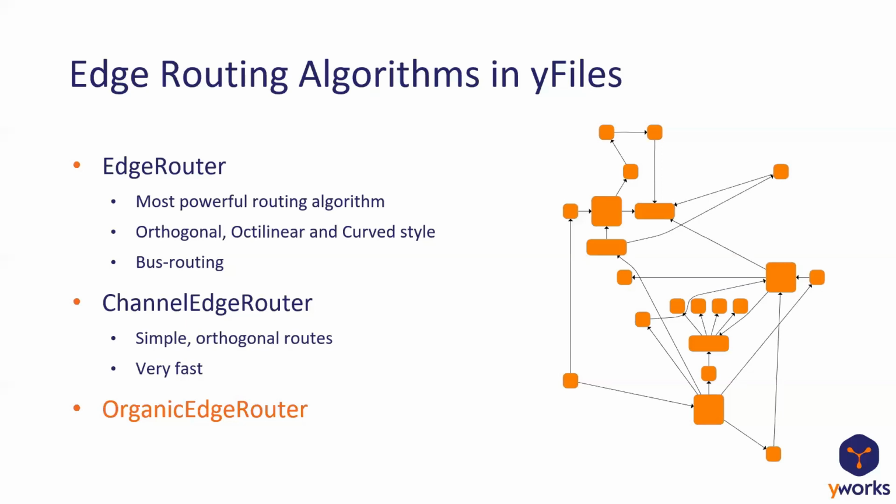So maybe this example here is not the most suitable style, but for other cases where you, for example, had the organic layout as a main layout algorithm, this edge routing algorithm might be interesting for you.